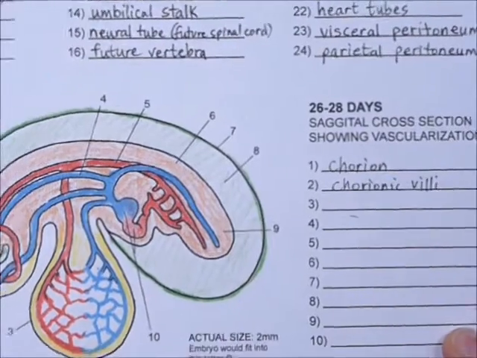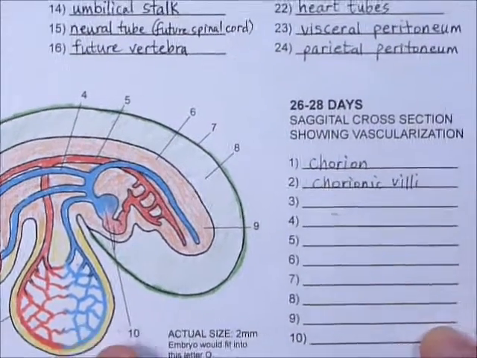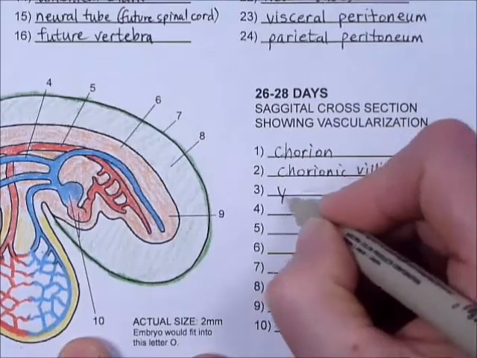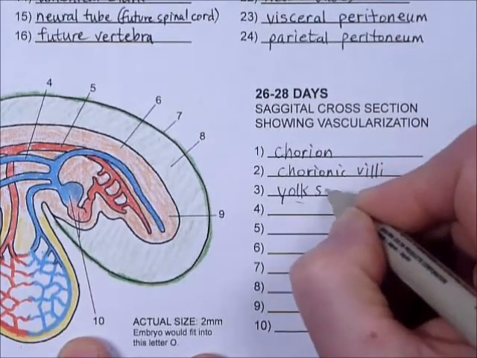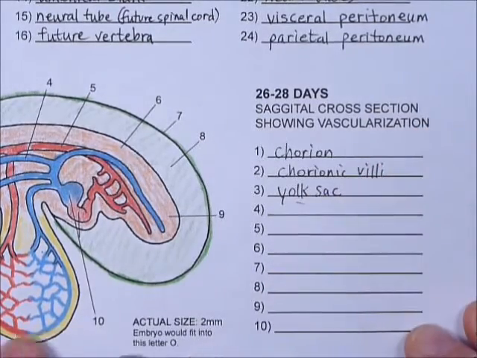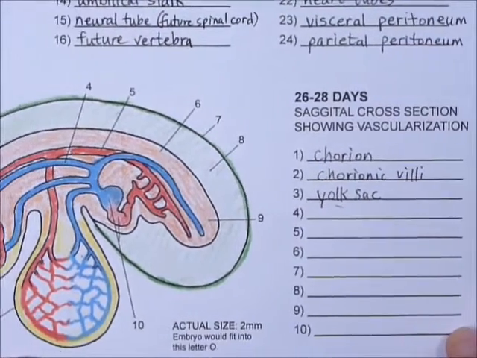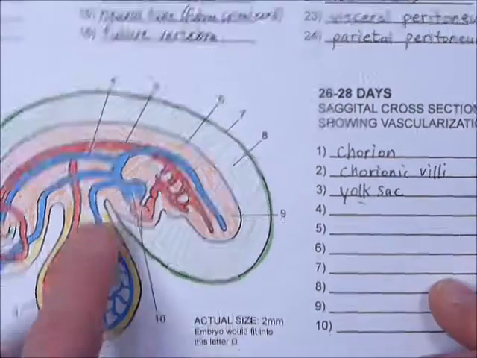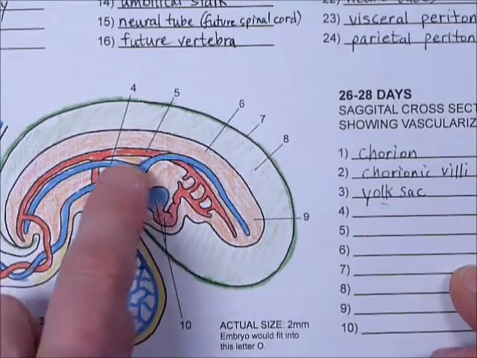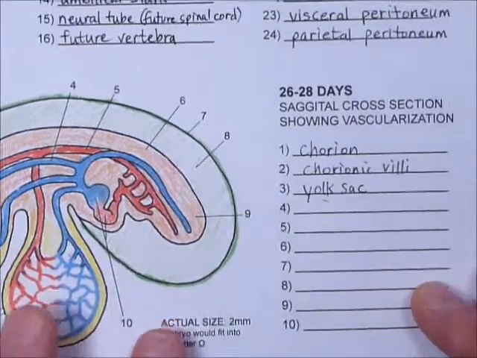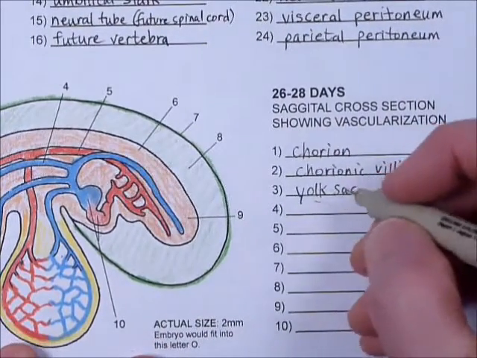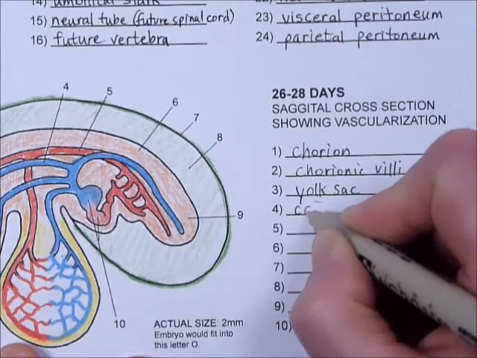Number 3 is pointing to the yolk sac. Number 4 is pointing to this blue vein, and this is called the cardinal vein.